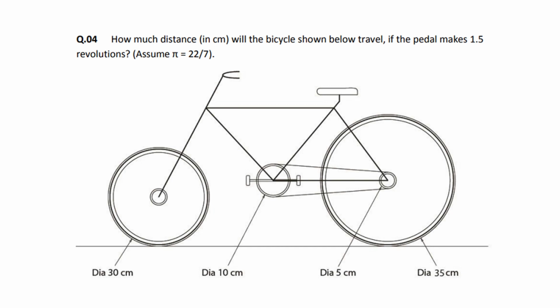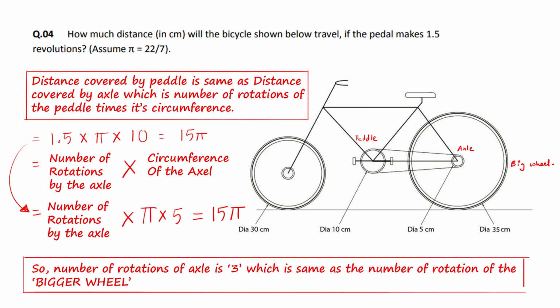If the pedal rotates 1.5 times, it is going to cover 1.5 pi d distance. And this is the same distance that the axle will cover, which means, with d being 10 here, it is 15 pi. The axle will also cover the same distance. The diameter of the axle is 5 centimeters.